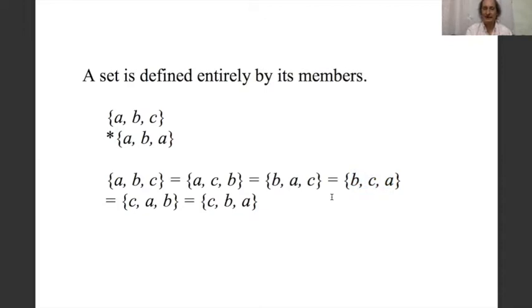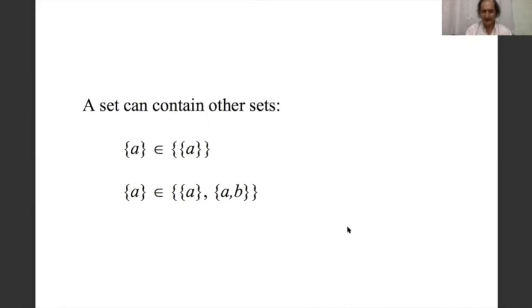No matter which way I write them, they're all the same set. I generally choose to write them as much as possible in some order that makes it easy to see not just what's in the set, but also what's not in the set. So with individuals, I use alphabetical order. And I use some systematic order for ordered pairs, triples, sets of sets.